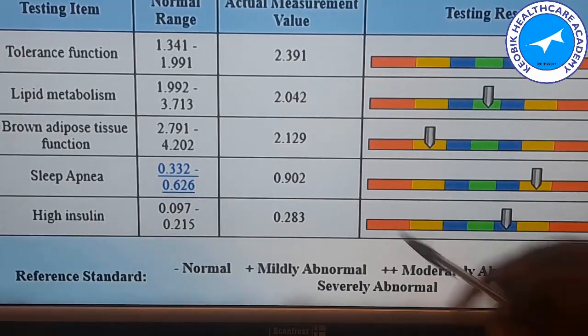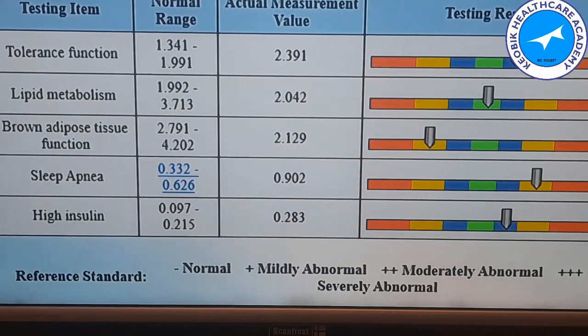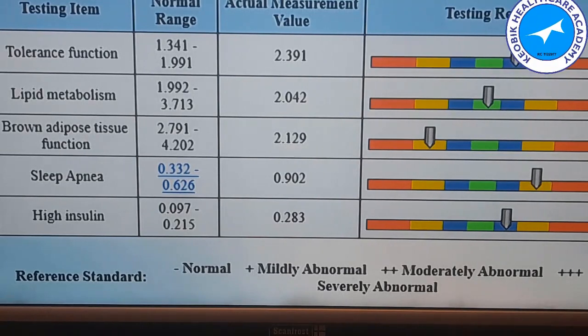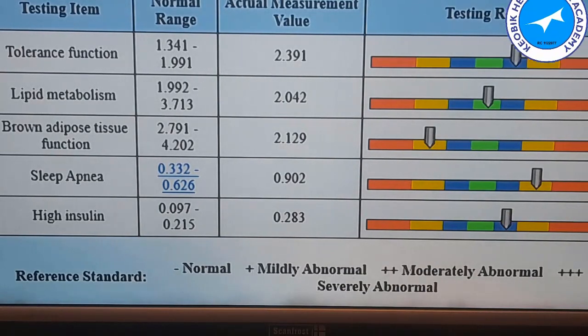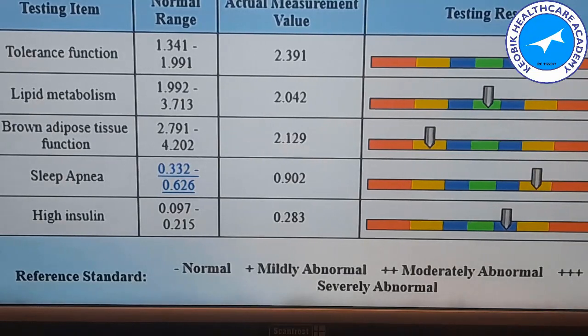In order to have an optimum glucose tolerance function, you need to watch your glucose intake in your diet. If your body is glucose intolerant, then you need to ensure that you are not taking too much of glucose related foods that will cause obesity, that will cause discomfort, that will cause absorption disorder in the body cells and to the brain.